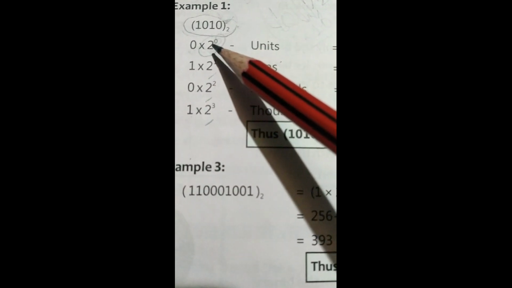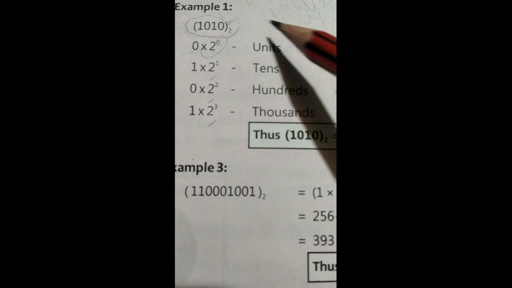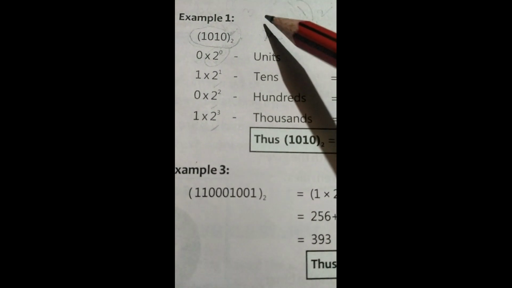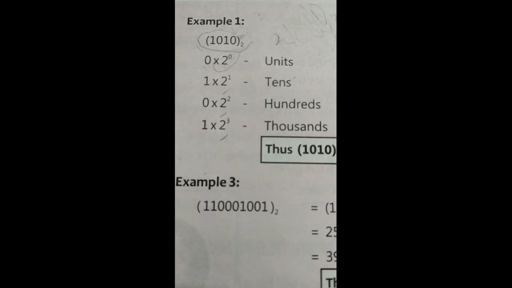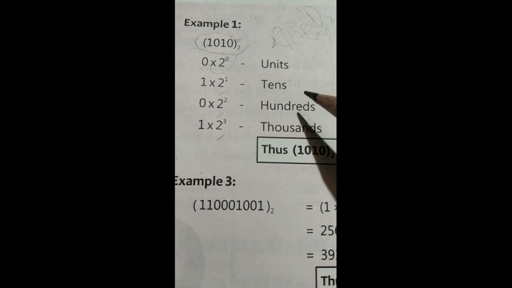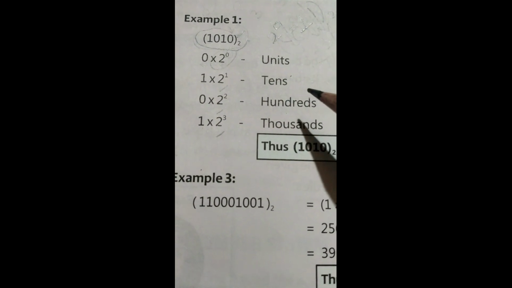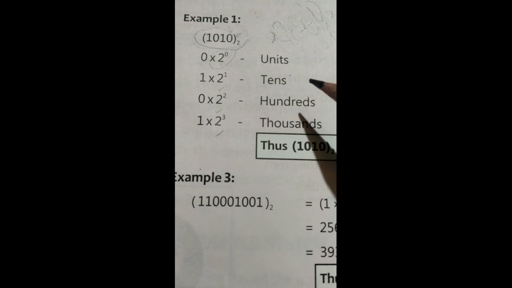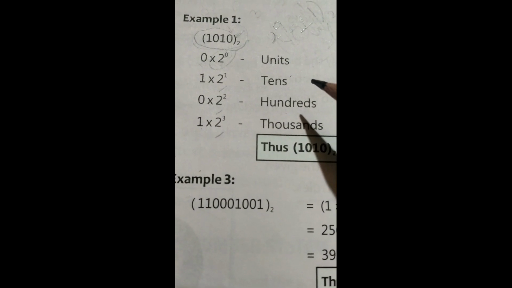Whenever we use 0 as a power, suppose 2 to the power 0, the result will be 1. With every number, whenever the power is 0, we always get the result 1.